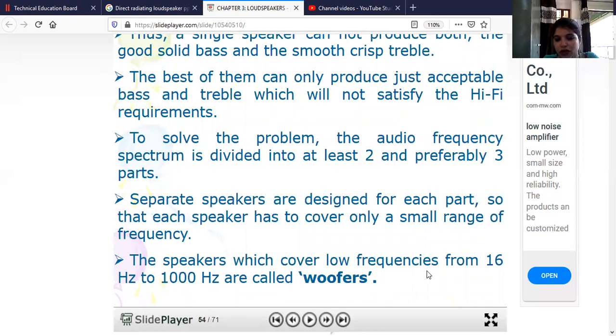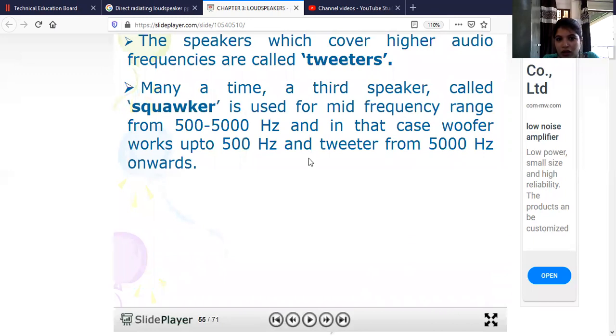The speakers which cover low frequencies, that is from 16 hertz to 1000 hertz, are called woofers. The speakers which cover high audio frequencies are called tweeters, and the speakers which have mid frequency range, 500 to 5000 hertz, are called squawkers.